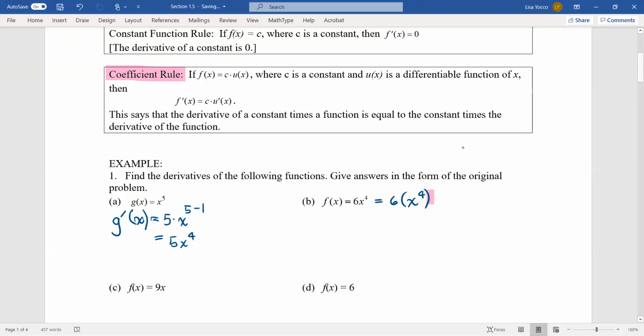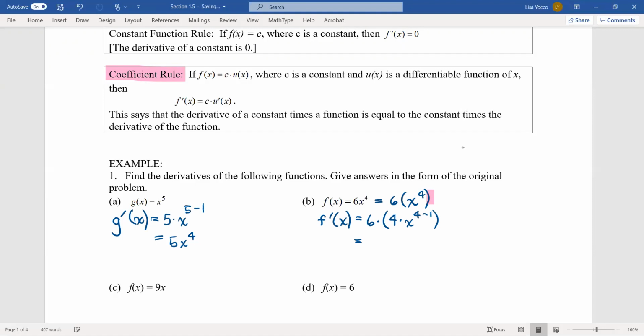To get the derivative of that function, you just keep the 6. So you'll hear me say, hang on to the 6, and then use the power rule for the derivative of x to the 4. So that's going to be 4 times x to the 4 minus 1.